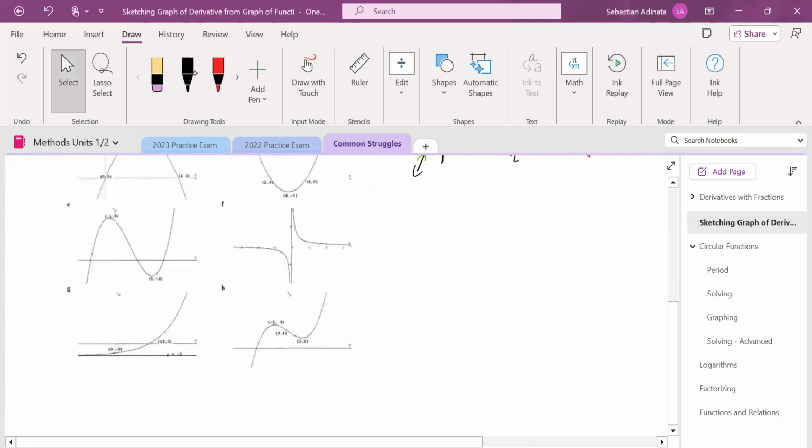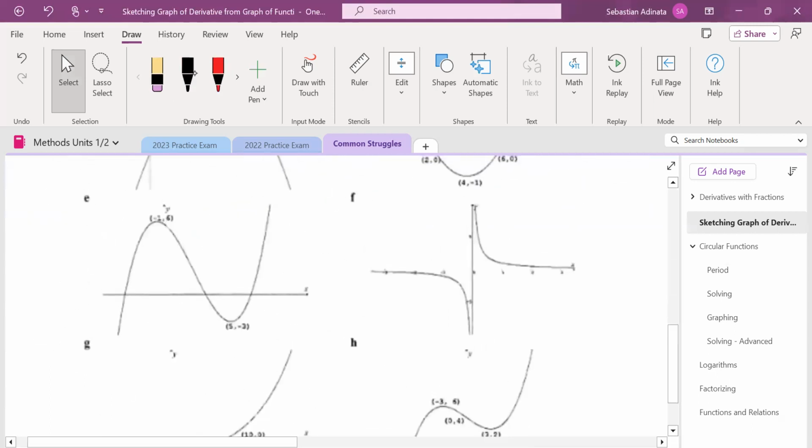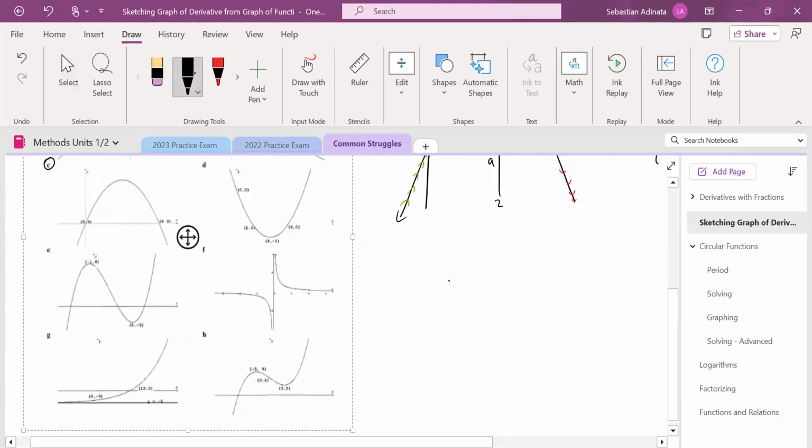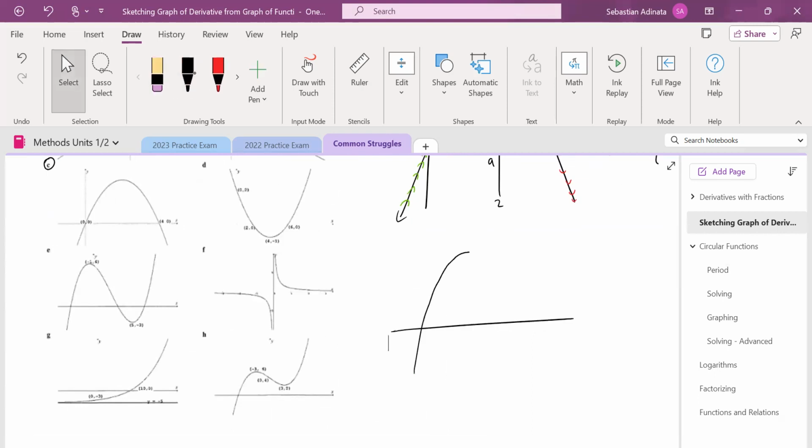Let's do this cubic. So it's at -1 and 6 and 5 and -3. And they've given us some turning points, which is very useful.